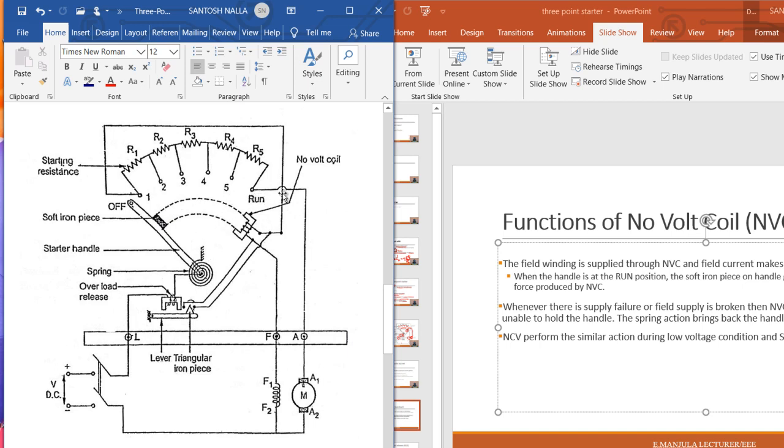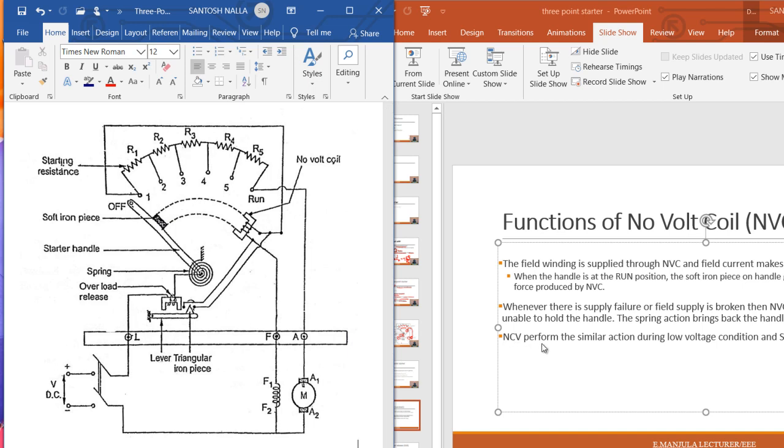Okay. So what happens at low voltage and no voltage? At that time, this no volt coil will de-energize. So that will release the soft iron piece and the handle will be pulled back by the spring.